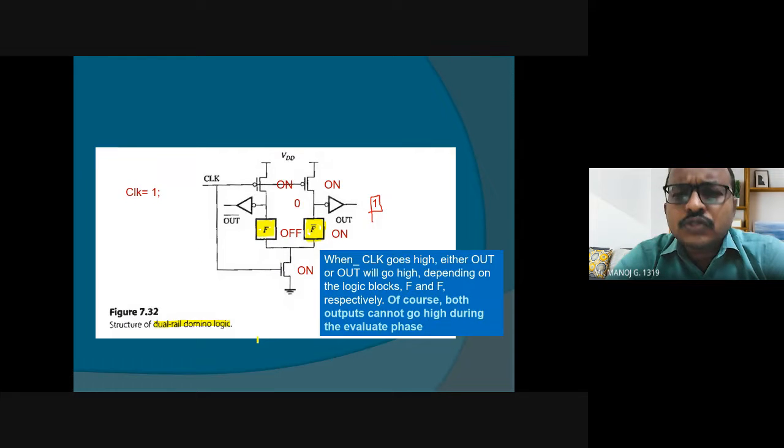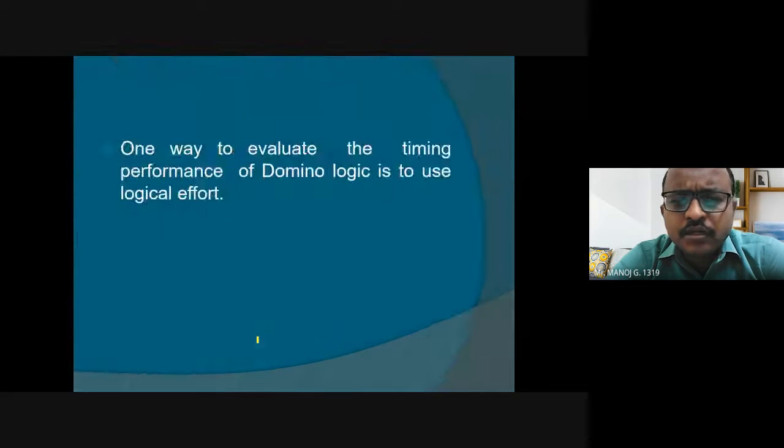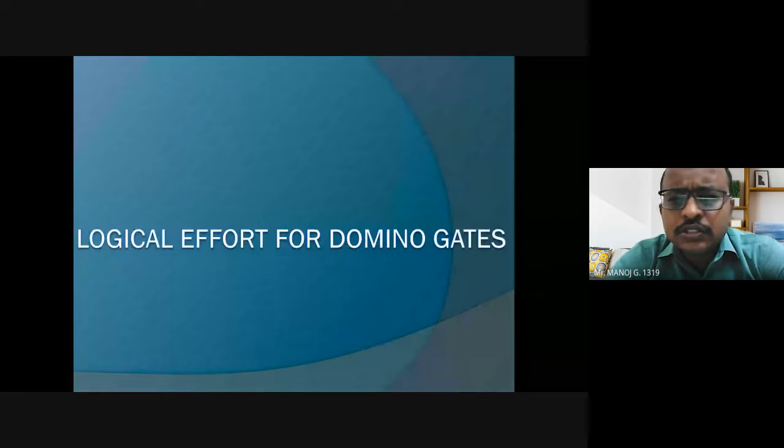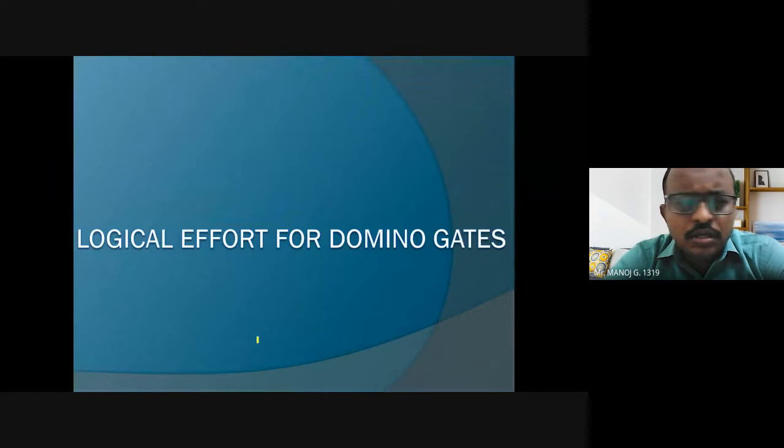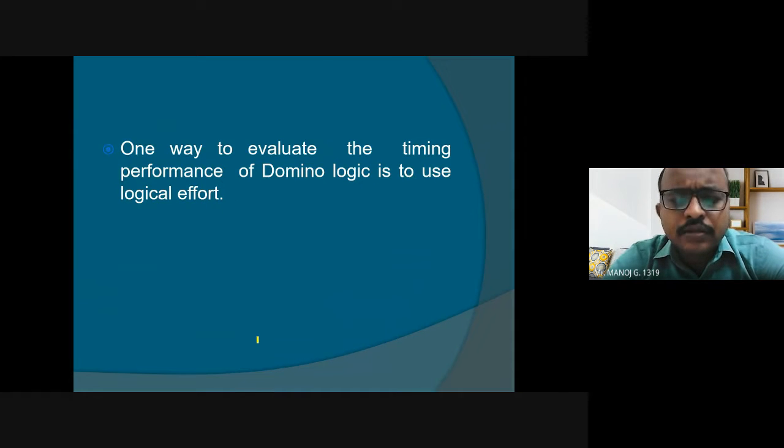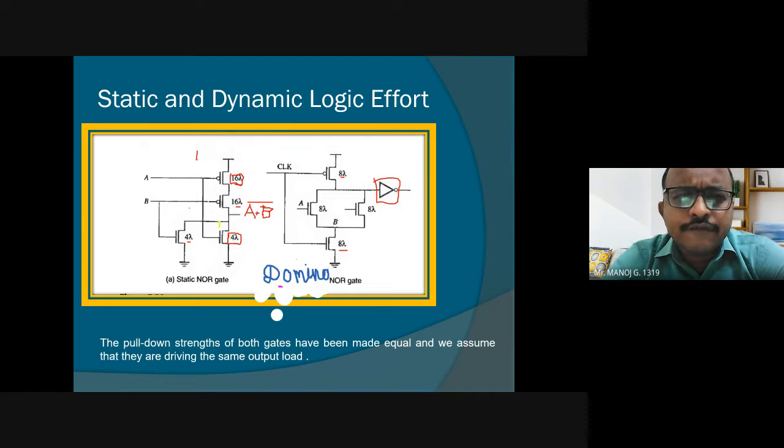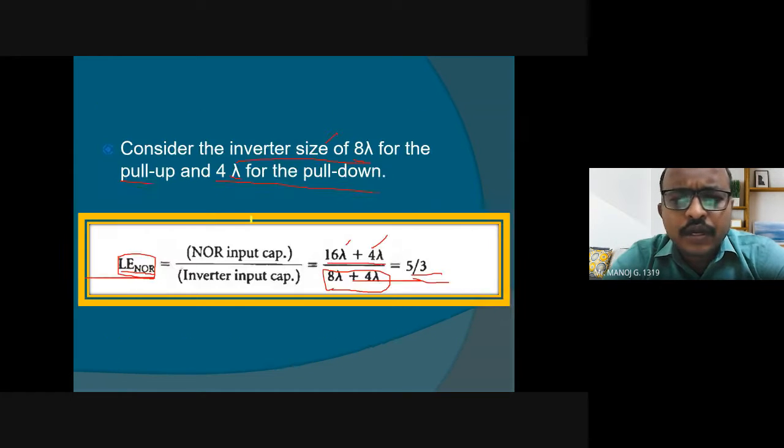So to sum up, what we have learned in this section is the logical effort for a domino logic gate. This is how we evaluate it. We have static and dynamic evaluation methods, and we saw the structural definition of how they do it, and then we calculated the logical effort for an OR gate.